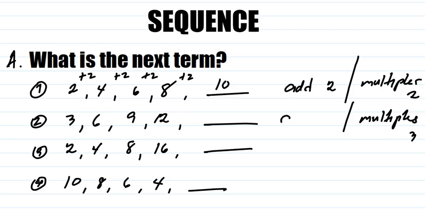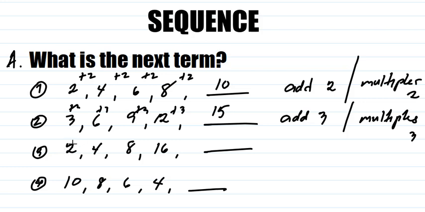So, it's like you are adding 3 for every term para makuha yung next term. So, pag mag-add ako ng 3 sa 12, yung sagot natin ay magiging 15. Alright, so yung tinatawag na sequence.